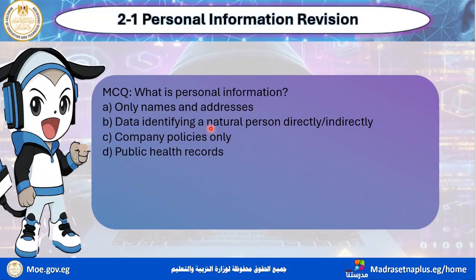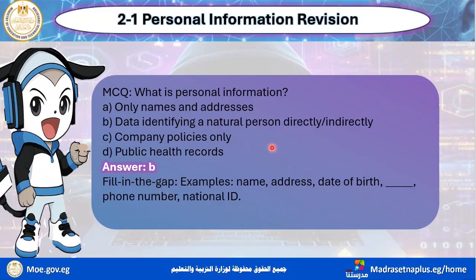Well, from its word, personal information is data identifying a natural person directly or indirectly. So anything that identifies any data for a person, whether it's directly or indirectly, we call it personal information.